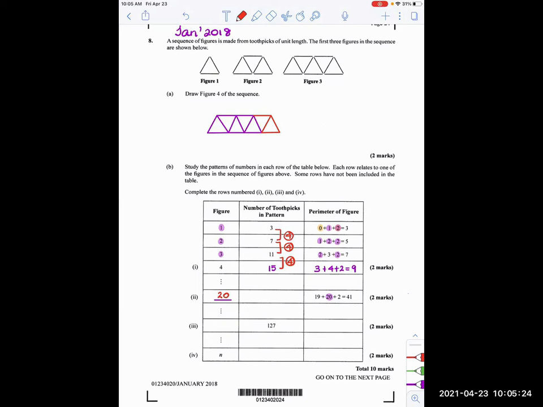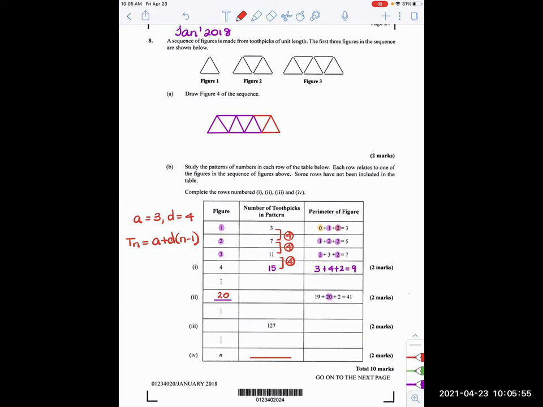So let us see if we could use the formula. Is the common difference the same from one term to the next? Yes, miss. So A is 3, D is 4. Use my formula, A plus D into n minus 1, and work out n.